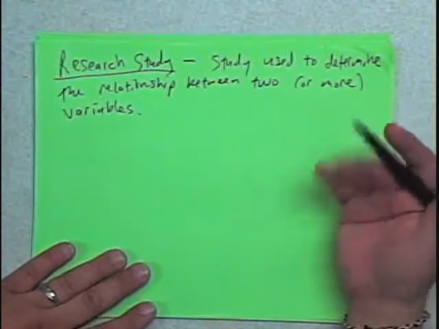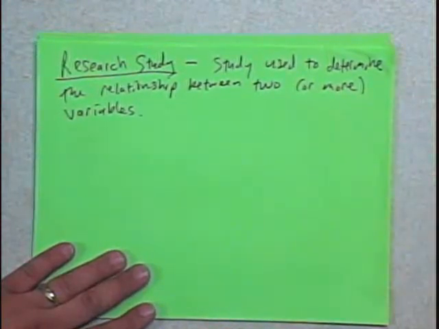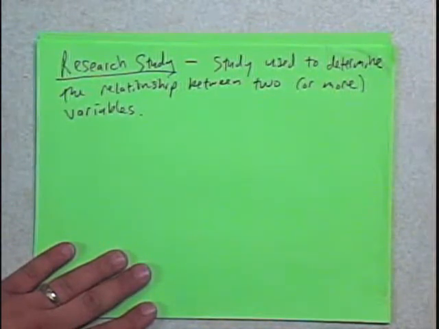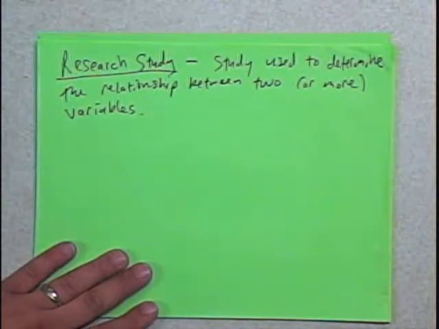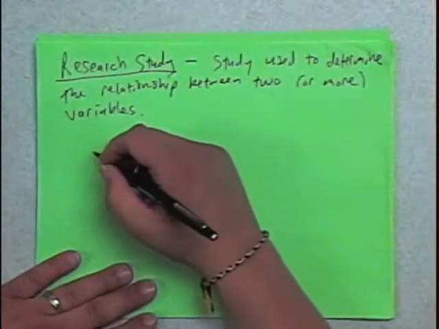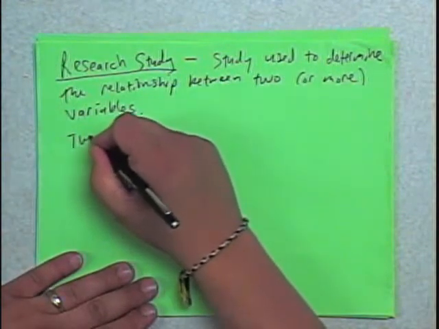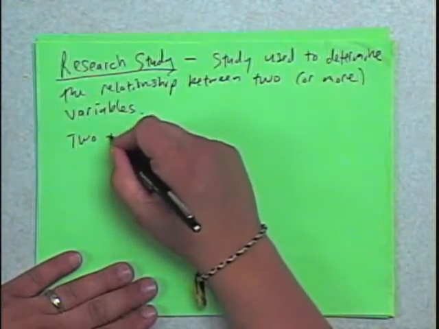So remember, a variable is just some characteristic that varies from person to person or observation to observation in a population. And you're wondering, does some relationship exist between two variables? Now there's two types of these studies.